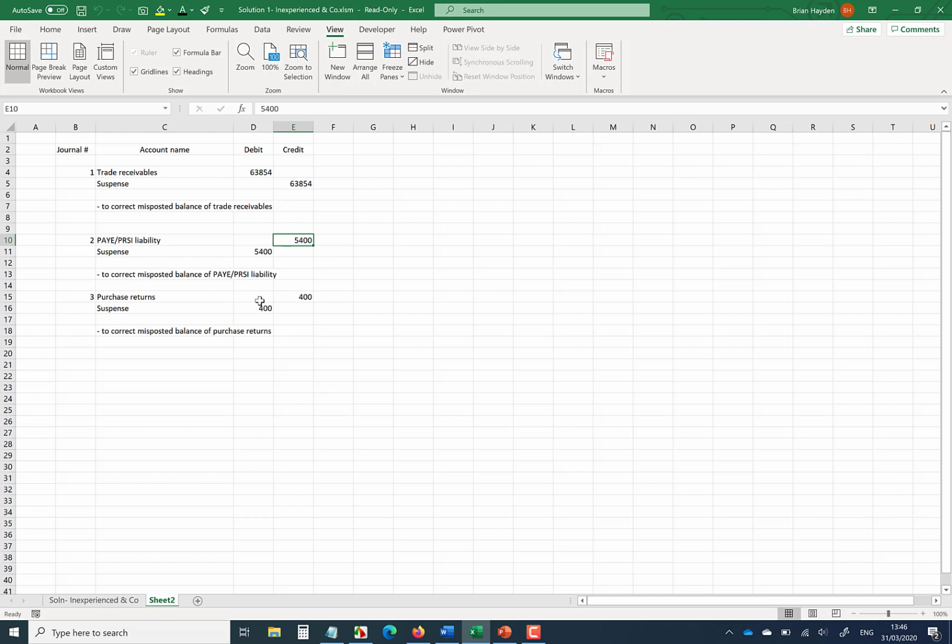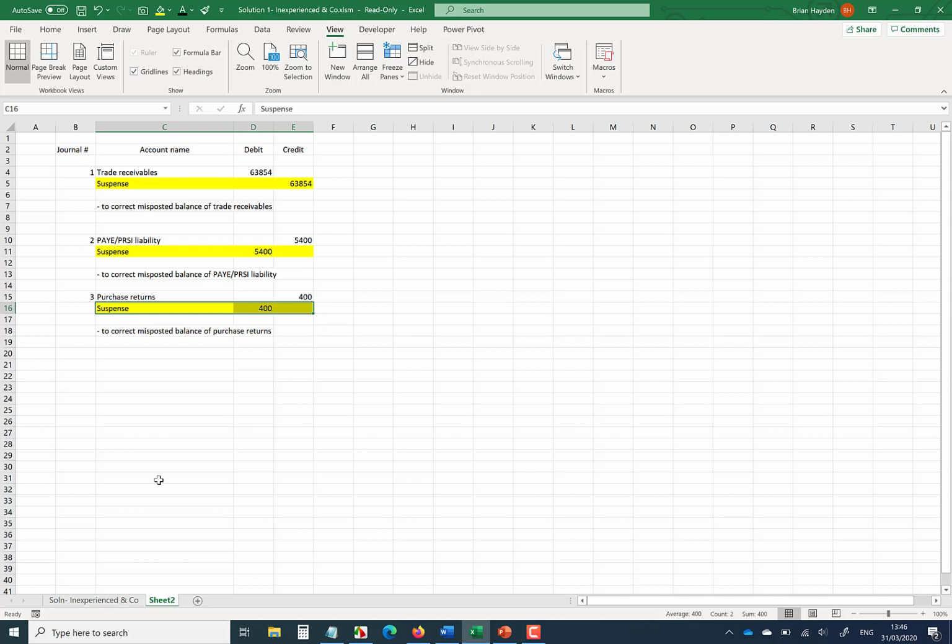Okay, so these are the journal entries, and what I'll now show is the effect on the suspense account. So I'm going to just highlight anything that says suspense, because we have to complete the suspense account on the preceding worksheet. So the first one is a credit for 63,854, that's journal number 1. Then journal number 2 is a debit for 5,400, and journal number 3 is a debit for 400.